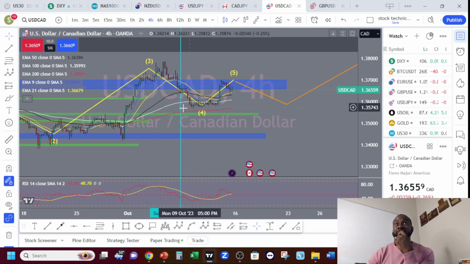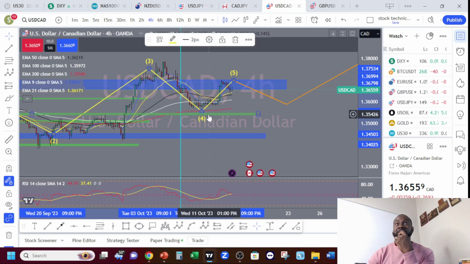We knew price could have stopped somewhere around here, because there is a 4 hour support right here, and there is the EMA 200. So we were thinking price will get to that EMA or that support, because we can see there are many supports right here. Price went up, came down to that level again. See, it created a new level right here.